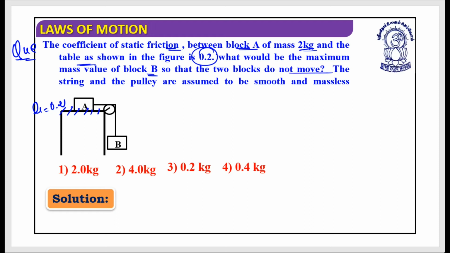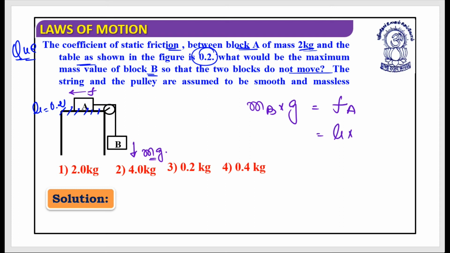If they are not going to move, that means mg is acting over here and friction is acting over here. If friction on block A is equal to the weight of block B, they are not going to move. So let's just equate them. The mass of B into g should be equal to the friction on block A.